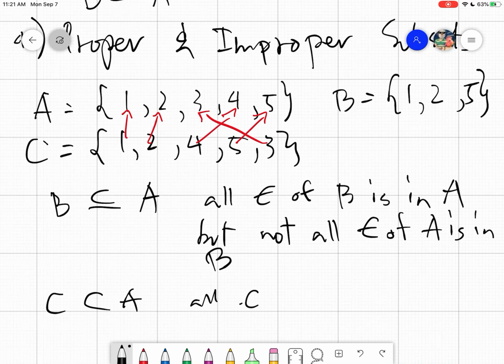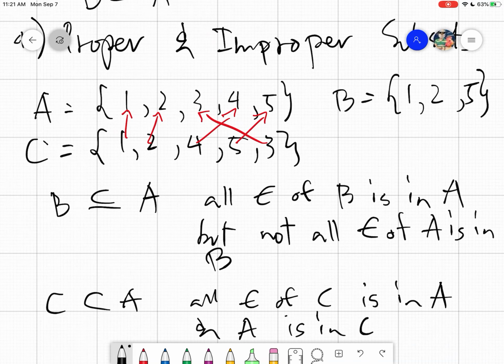Because again, all elements of C is in A and A is in C. Sabihin, pagka nagtugma yung parehas na yan, yes, it is a subset. They are also equal sets. But again, it is called an improper subset. Kasi meron siyang elements that is in A. And A is also in C. Parehas na para sila totally.